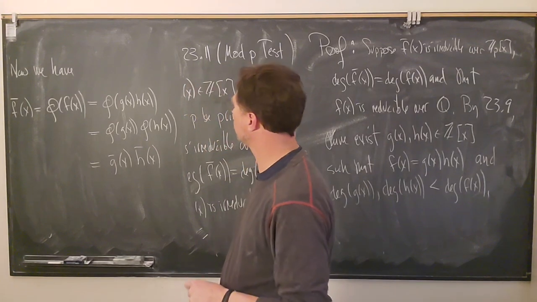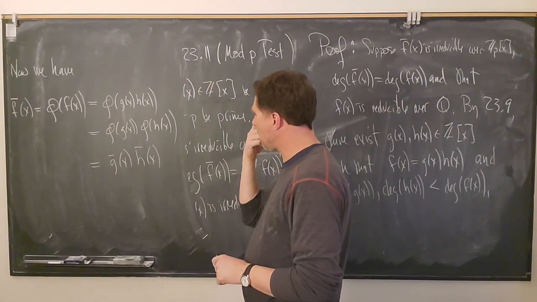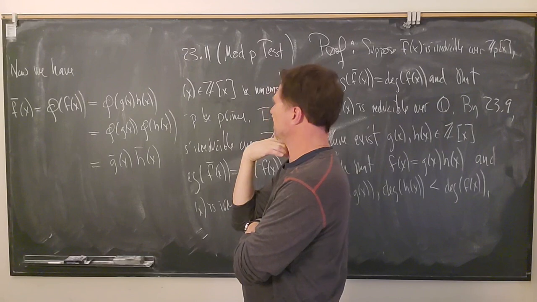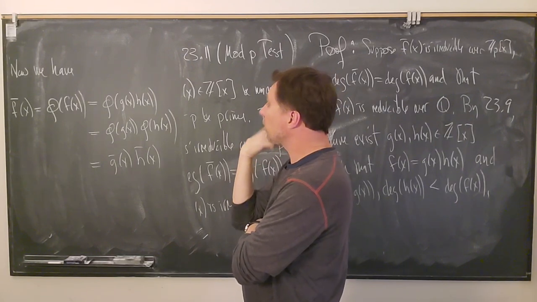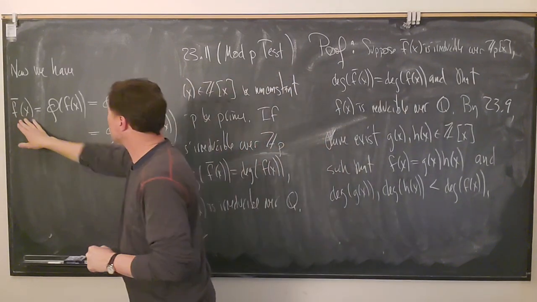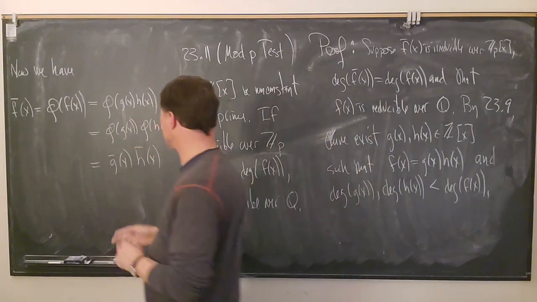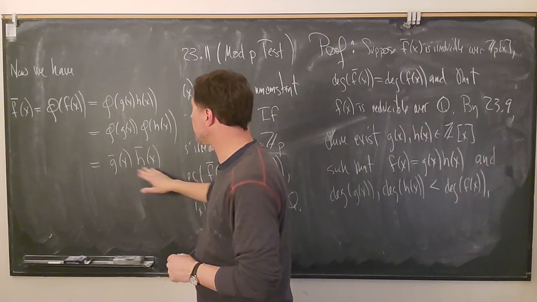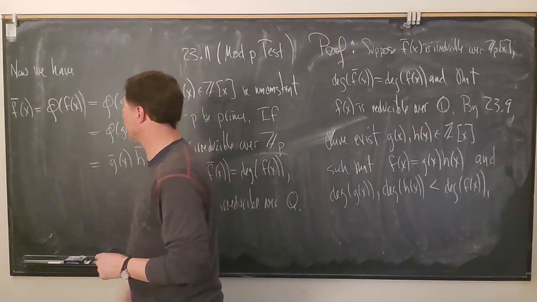Now, okay, so let's see. What does this tell us? Well, it certainly looks like it's telling us that f bar of x is reducible. Although we need to check, right? We need to make sure that the degrees of these polynomials are actually strictly less than the degree of f bar.